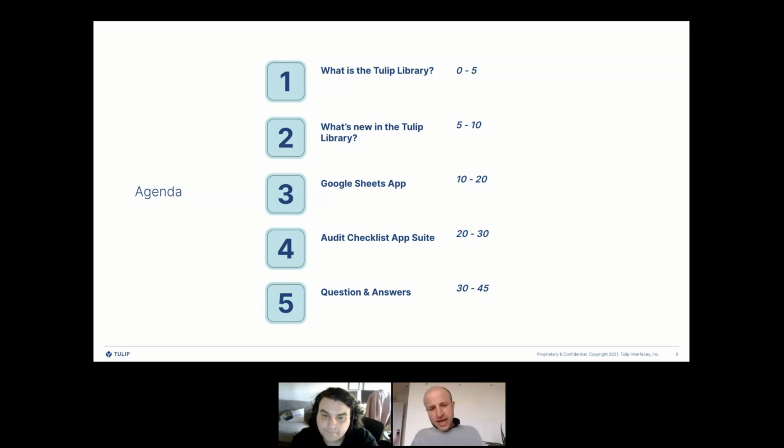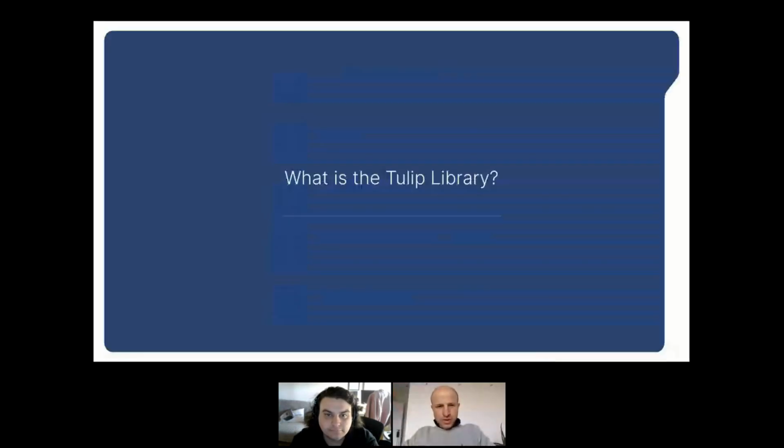Then we're going to take a look at an entire app suite, which is a collection of apps, and the one we're going to look at is the Audit Checklist app. Finally, for the last 15 minutes, we're going to answer any Q&A, any questions that you have. If you have questions throughout the webinar, feel free to drop them in the questions tab that you'll see there, or directly in the chat, and we'll answer them at the end.